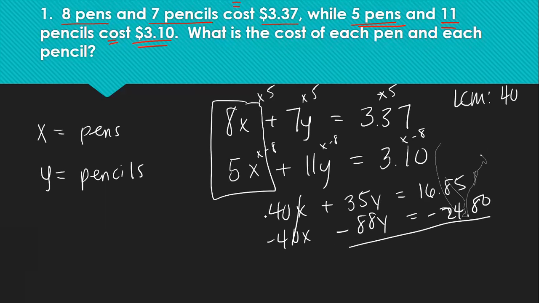I'm left with 35 minus 88, which gives me negative 53y equals 1685 minus 2480, and that gives me negative 795. Divide by negative 53.